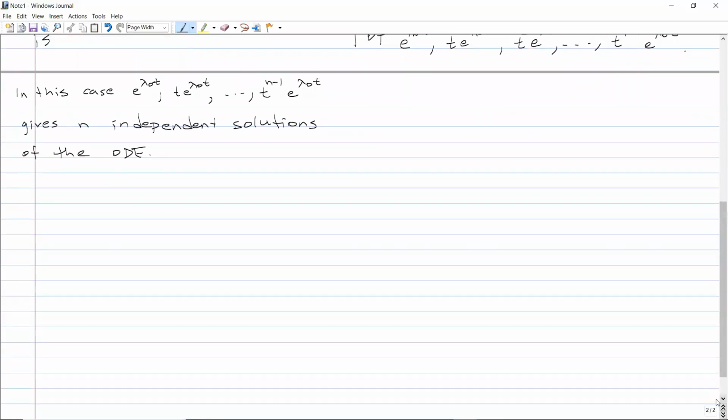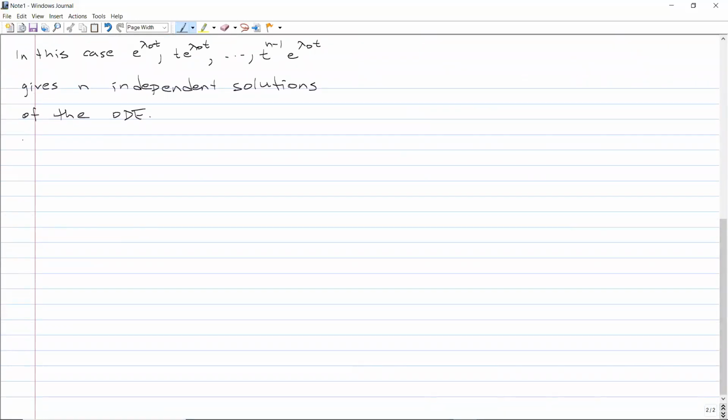Okay, so let's consider some examples. In the first example, let's consider the equation. And again, let's take an initial value problem.